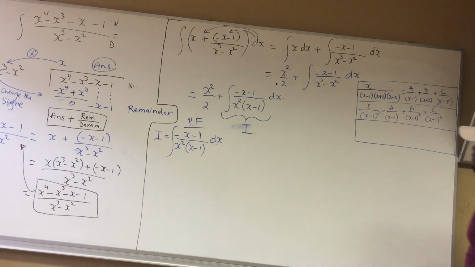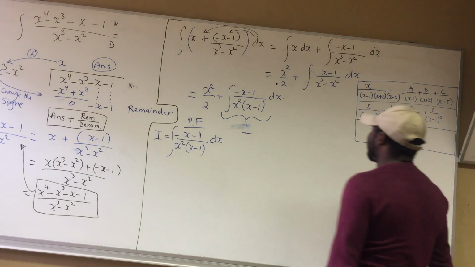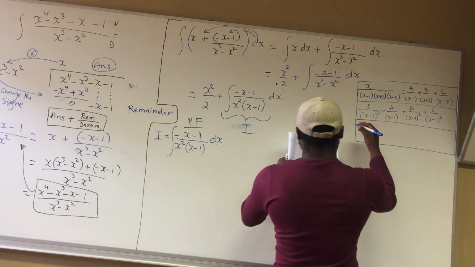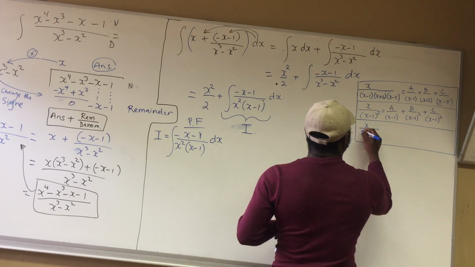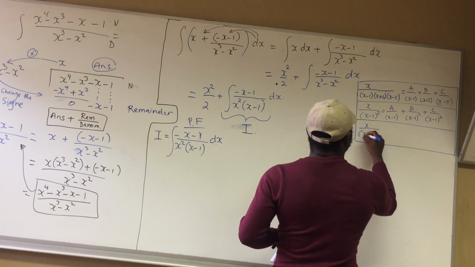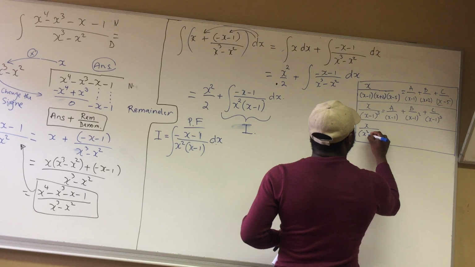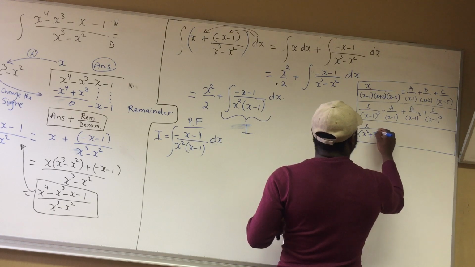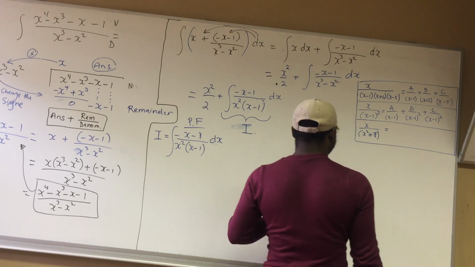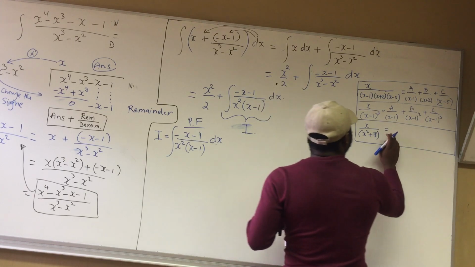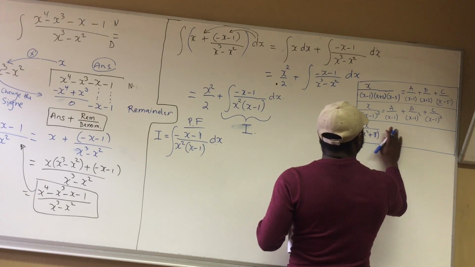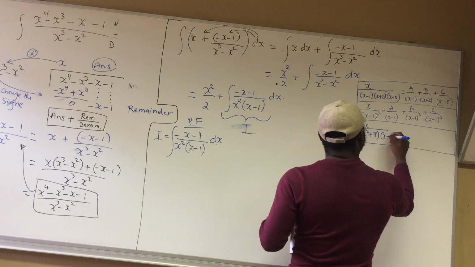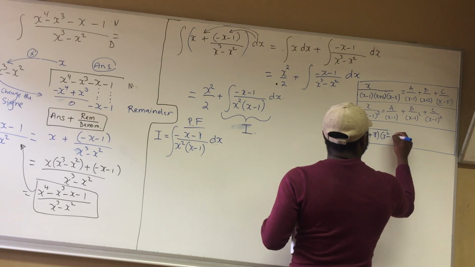And then the last one is when you have a quadratic one, or a non-linear. A non-linear is like this: x divided by x squared plus 2, for instance, or plus 1. I just want you to see the difference.